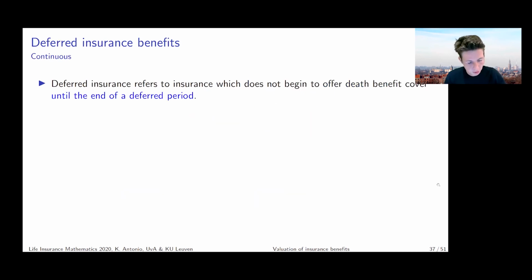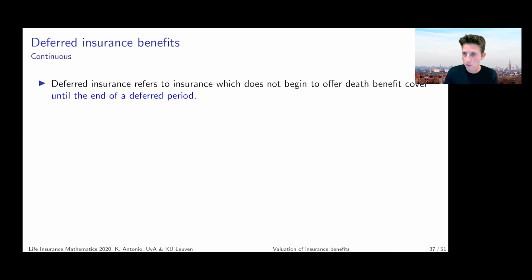If this works for the endowment insurance, we're now going to continue with yet a different type of insurance benefit that we want to be capable of finding the appropriate value for, and that is the so-called deferred insurance benefit. So what is deferred insurance?